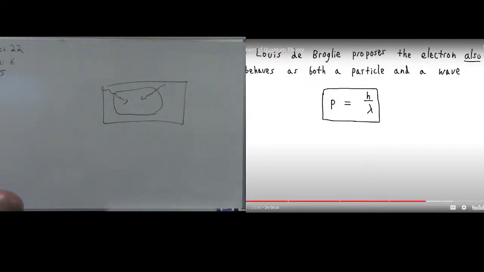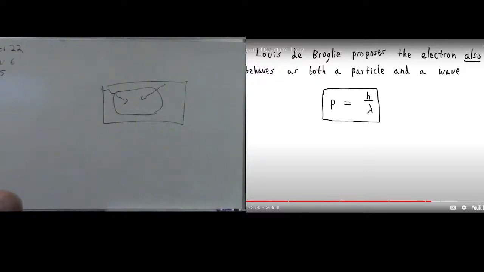If light can have a dual persona, in which sometimes it behaves as a wave, but other times it behaves as a particle, then why can't other things also have this dual persona? Well, this is a question asked by French physicist Louis de Broglie in 1924. And he proposes that the electron can also have a wave identity in addition to its particle identity.